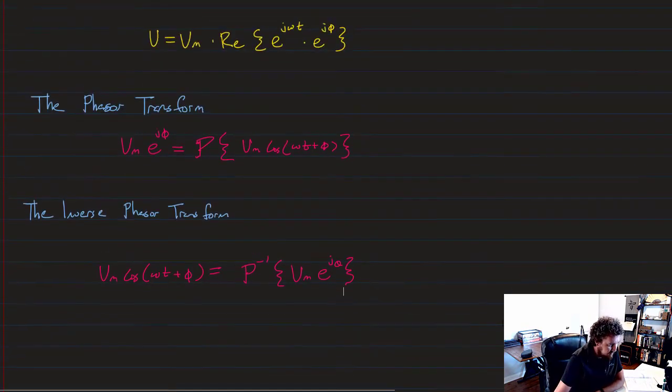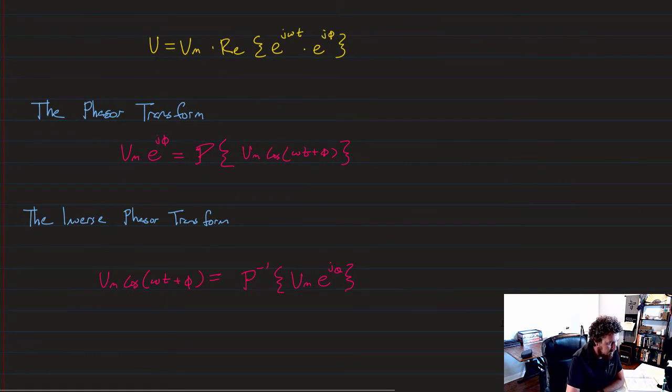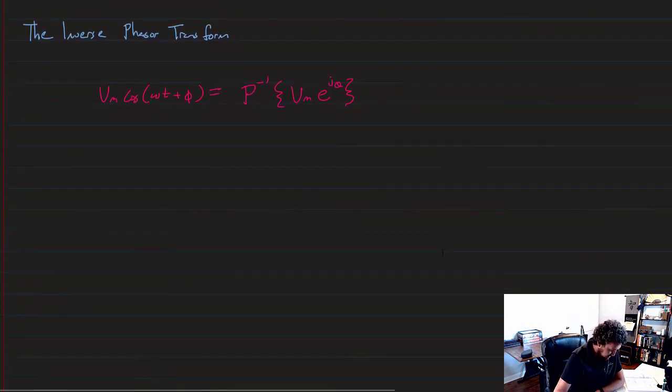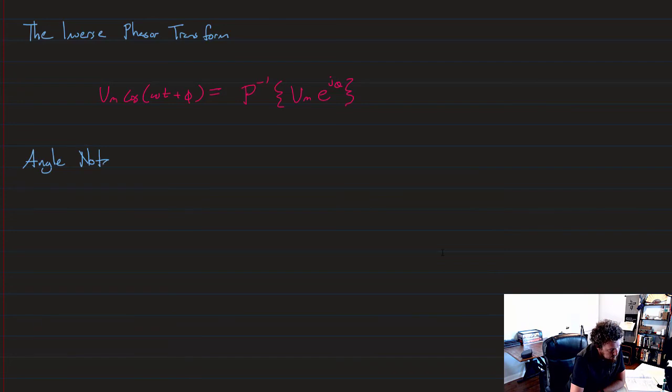Now, finally, it is sort of unruly to constantly write these e to the j phi's when really all we care about is the amplitude and the phase information. So when we go to write everything down, we'll actually use what we call angle notation. Which is basically just this.